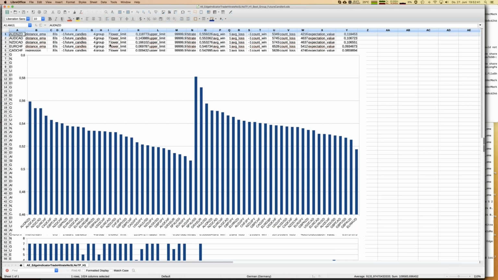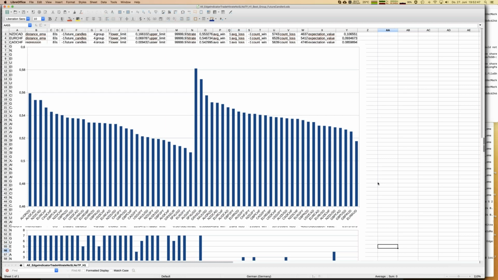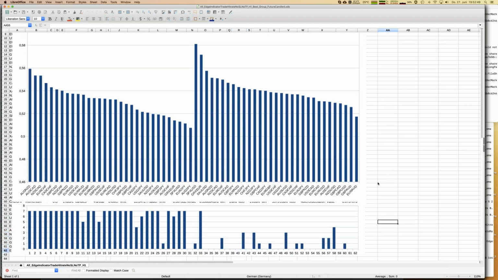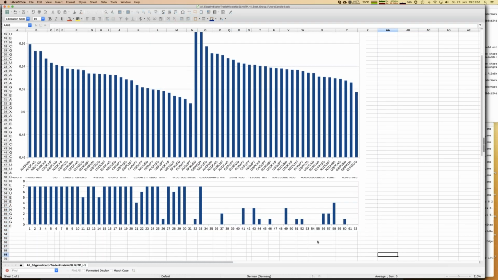And in most cases, it's exactly that. For short trades, it's always this group 7. That's what you can see within the lower graph here. We have all the symbols. The first 31 is everything investigated with short trades. The second 31 here is everything investigated with long trades.